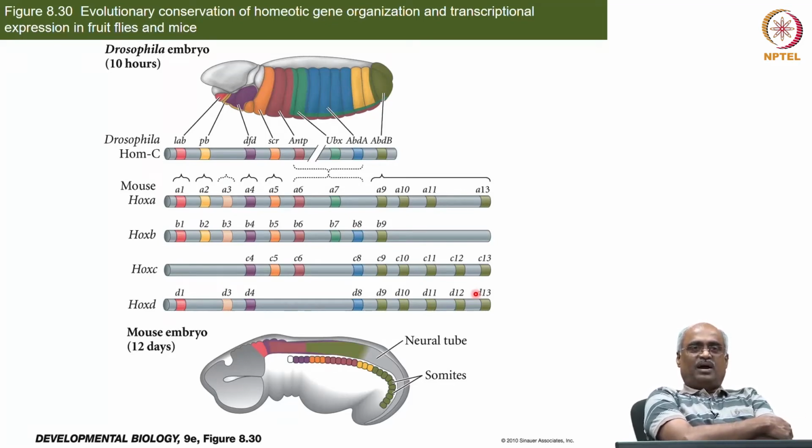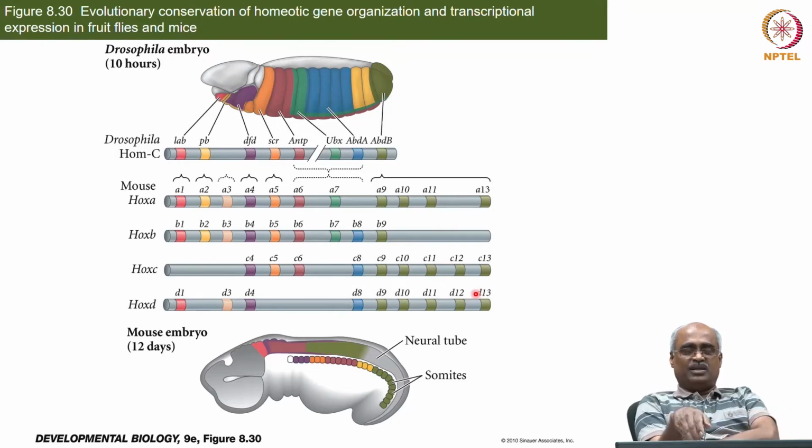Okay, and I told you that they are arranged on the chromosome from the 5' end to 3' end, and they keep the same sequence, that is collinearity, in the way organs form from anterior to posterior.